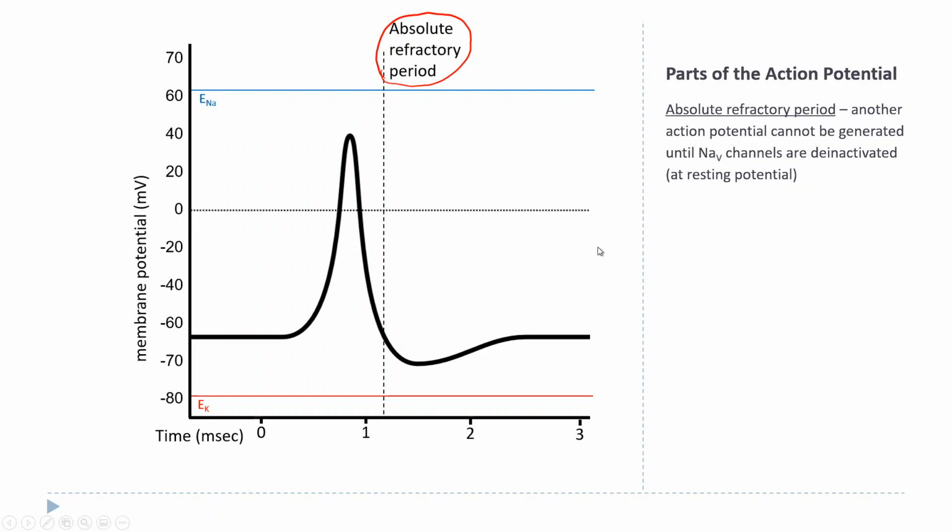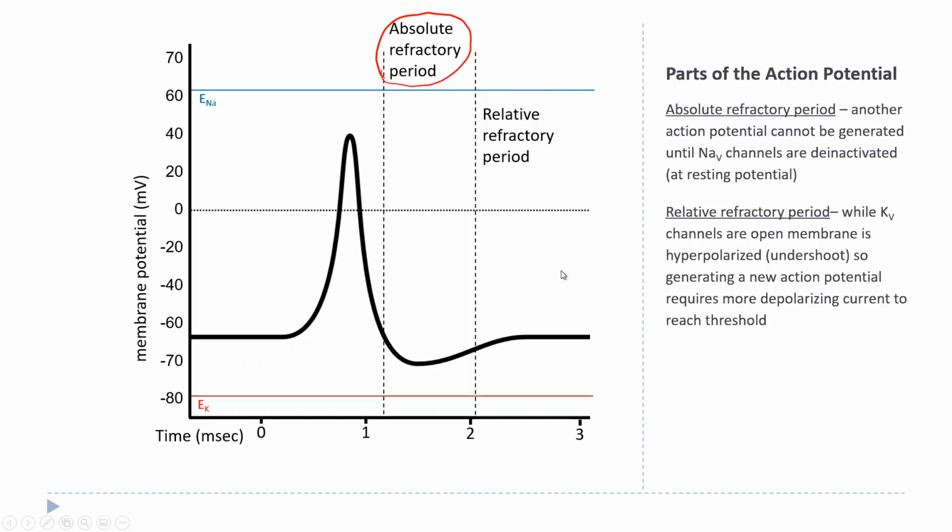Again, in practice, neurons rarely fire that fast, but you can artificially force action potential generation at that rate if you want. But there is another period, even after the absolute refractory period, where you can still generate more action potentials, but it takes a little more work. We call this the relative refractory period.